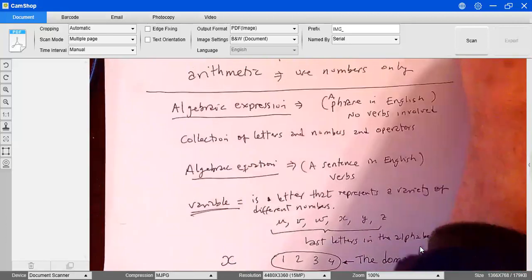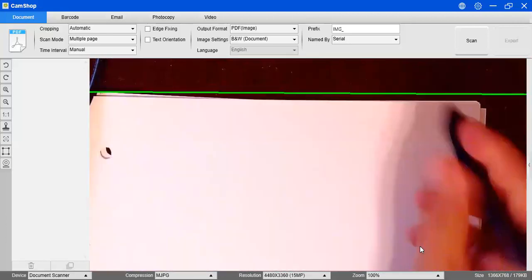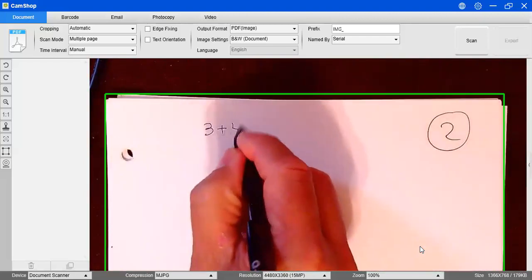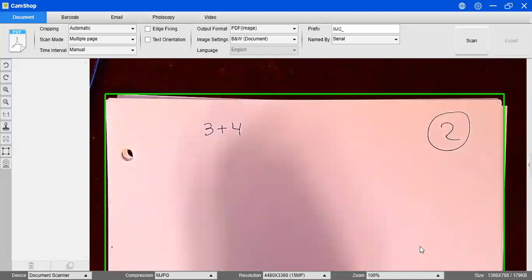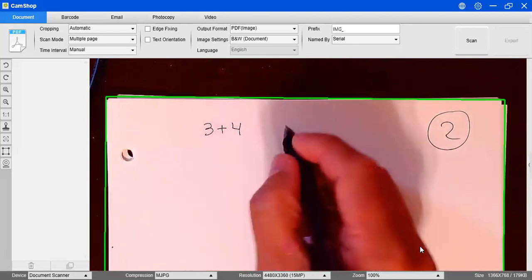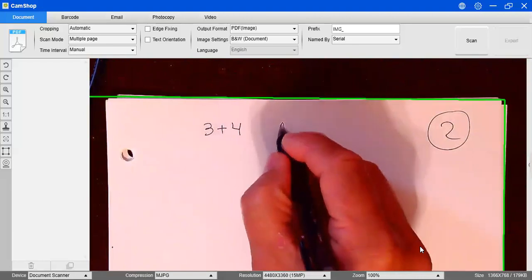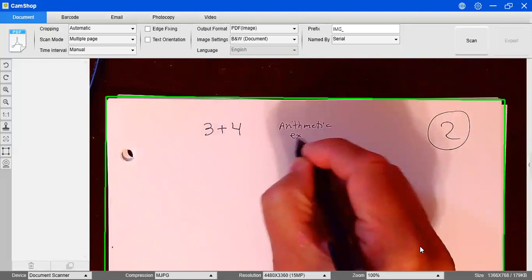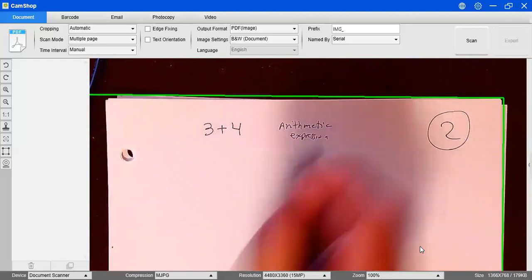So you can say, for example, 3 plus 4. This is an arithmetic expression, 3 plus 4.